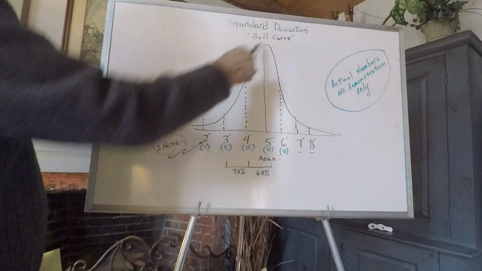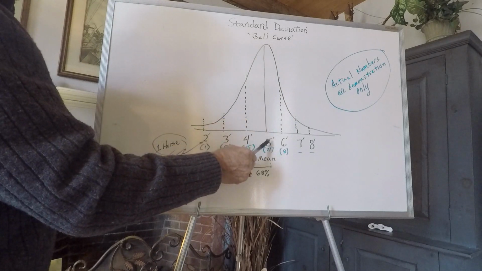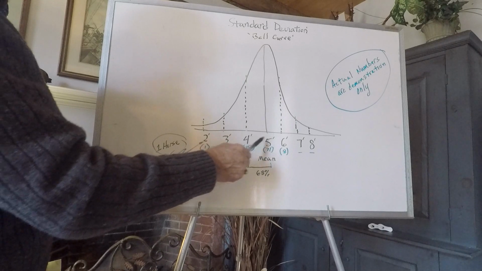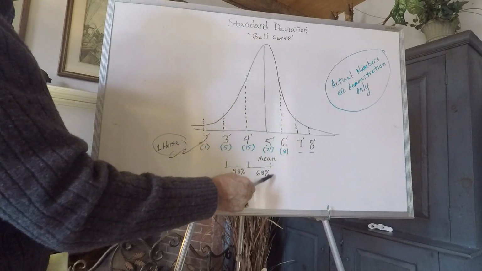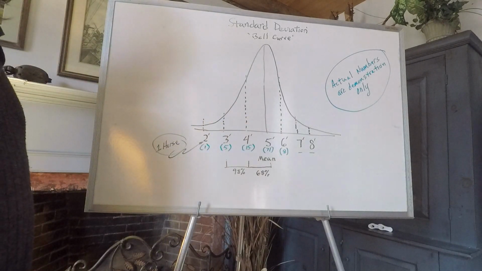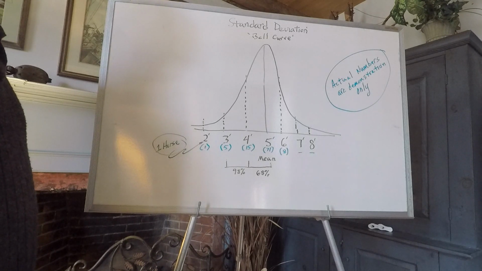That's why the bell curve is the highest, because it's saying that the mean from 5 feet to 4 feet or 5 feet to 6 feet contains 68% of the 100 data points that we have in our sample size.